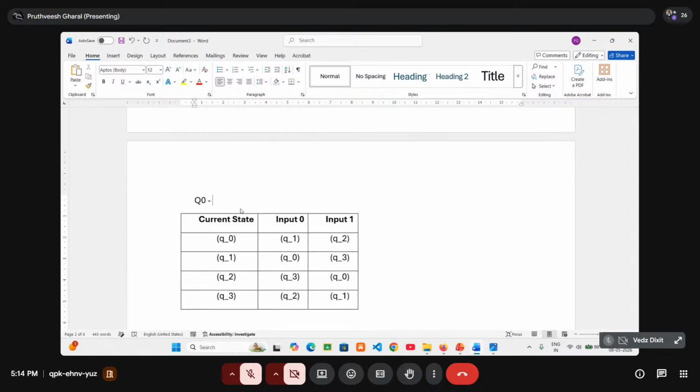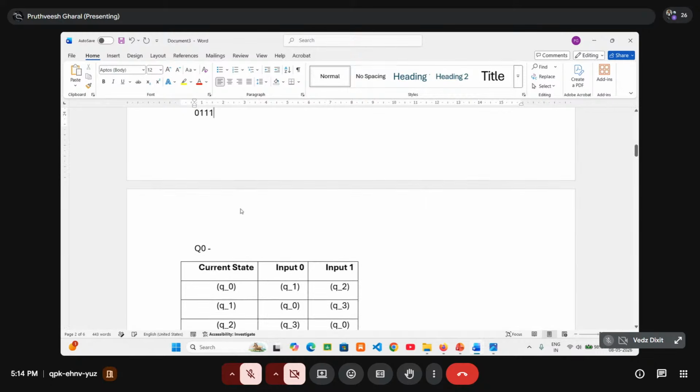Now let's say it reads the first input, 0. What happens here? We first assume that when it reads the input, there are an even number of zeros and an even number of ones.